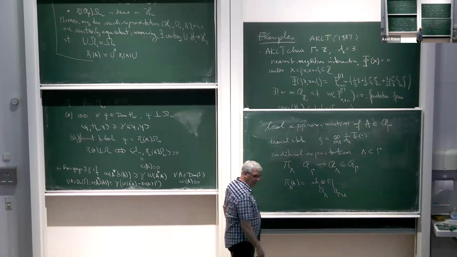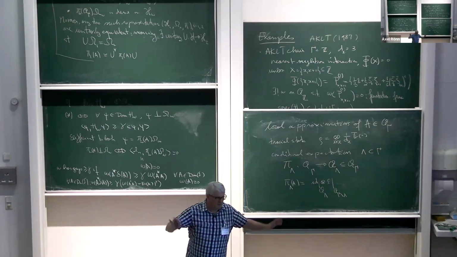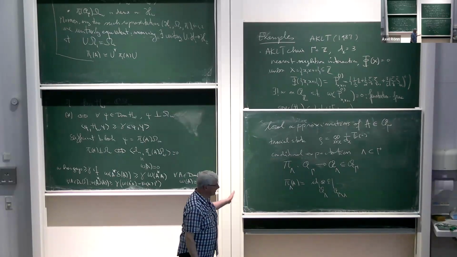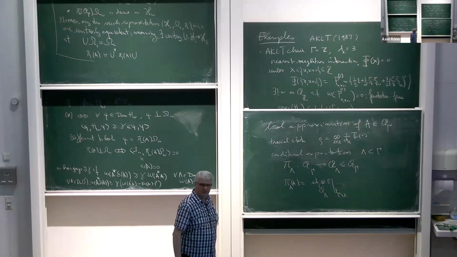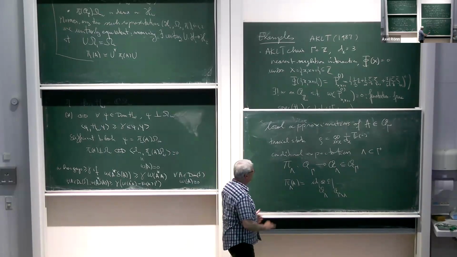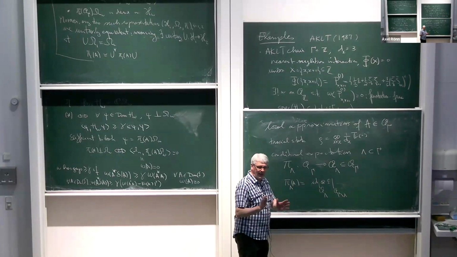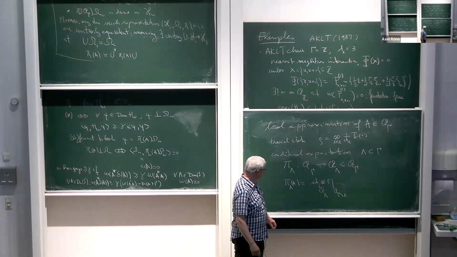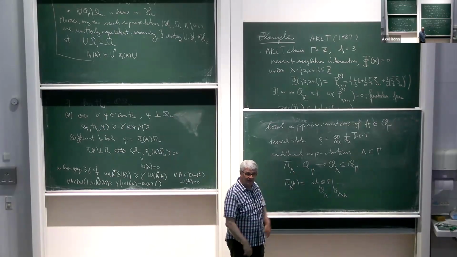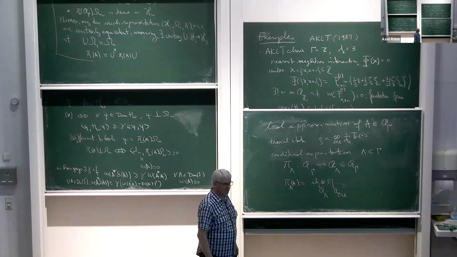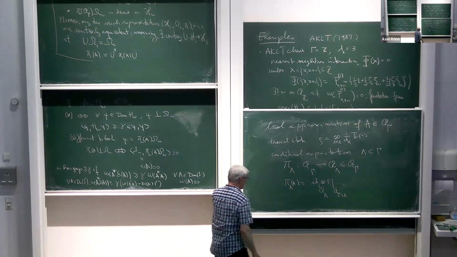Operationally, if you have an observable made of a bunch of tensor factors, some of which are in Λ and some of which are not, you take the partial trace over all the factors outside of Λ and get something that acts as identity outside. It is more or less as close as you can get to the observable. This is called the conditional expectation.